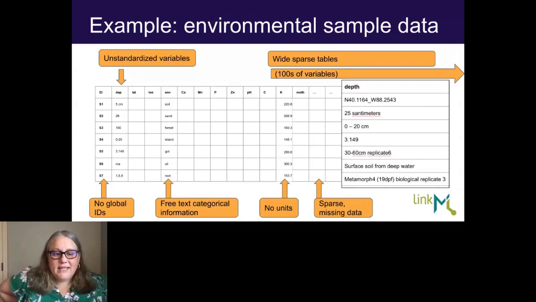There's free text categorical information here, which means that we could enter any data there without any kind of validation. We have these really wide, sparse tables with hundreds of variables and no units. And what that leads to is either having to write interfaces that help us validate the data as we see it, or a lot of disparate data getting entered into fields that we would hope would be harmonized.